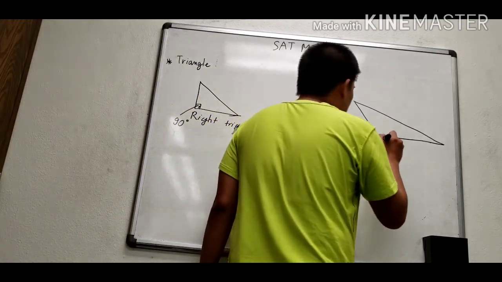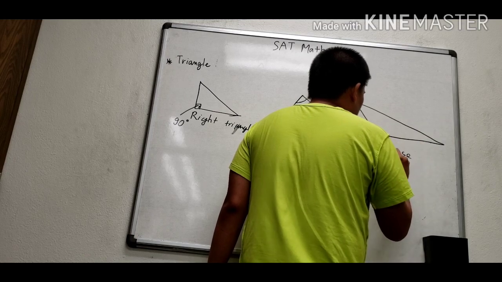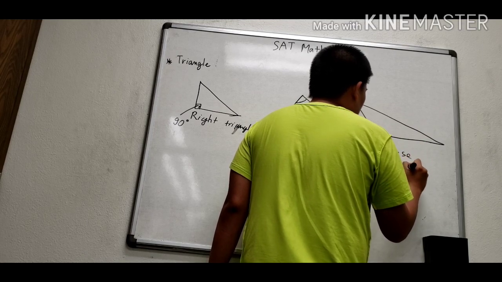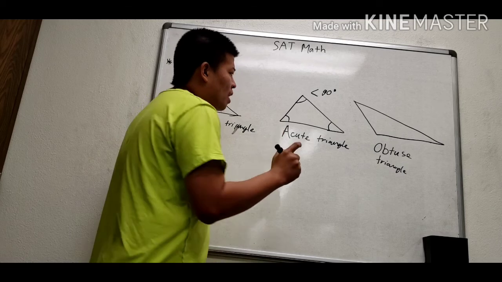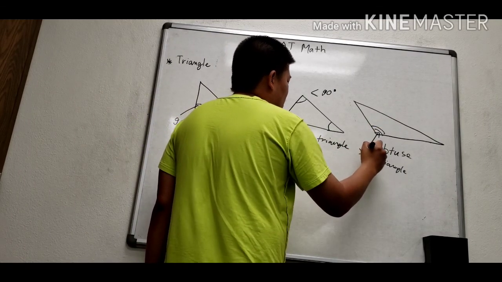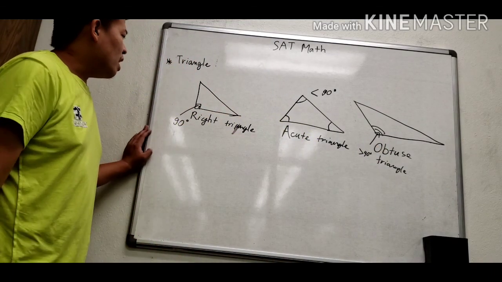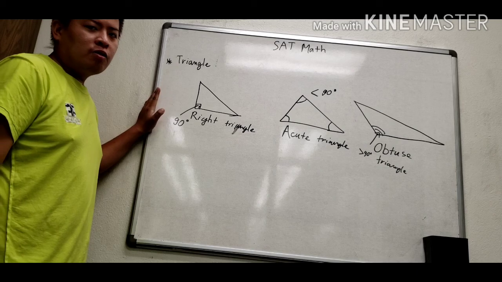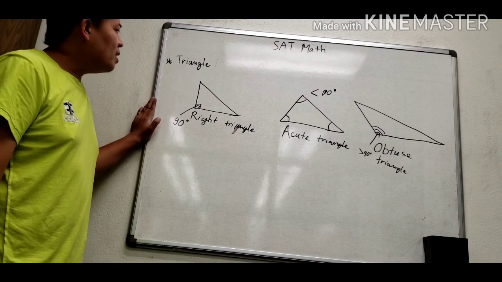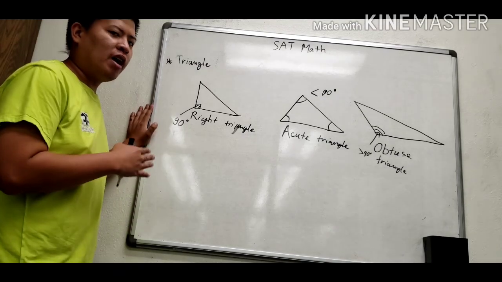The next one we call an obtuse triangle because one angle in here is more than 90 degrees. So this is the basic triangle we need to remember, and then I will show the formula of the triangle.